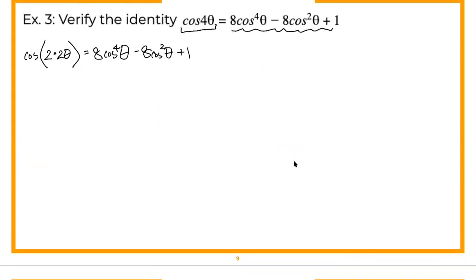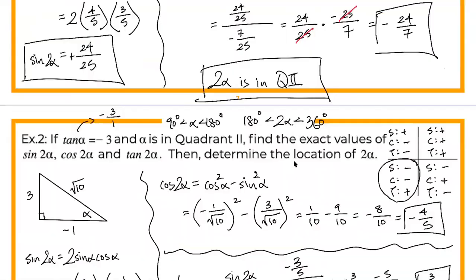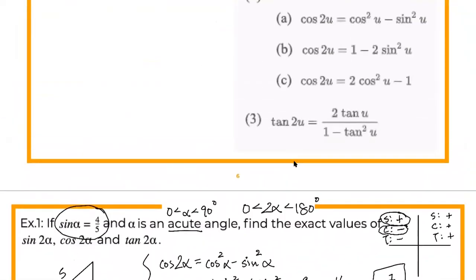The left-hand side becomes then 2 cosine squared 2 theta minus 1. So this u is the same as this u, and in our case, our u was 2 theta.